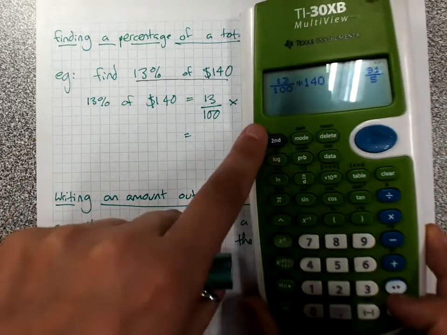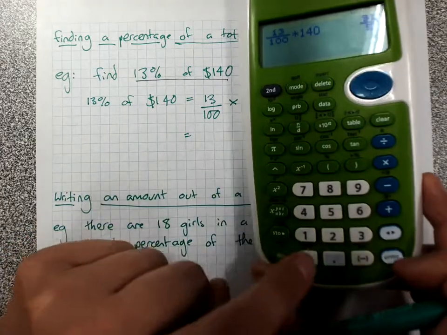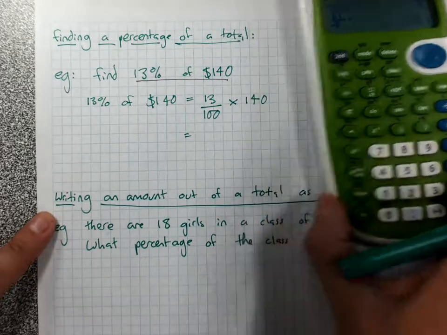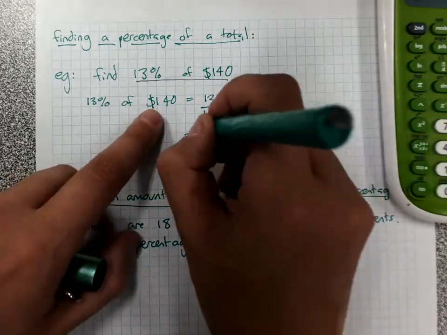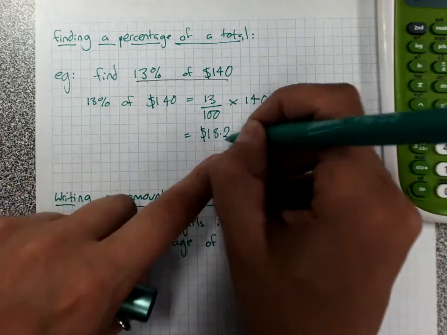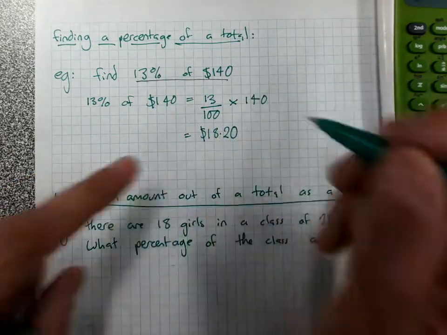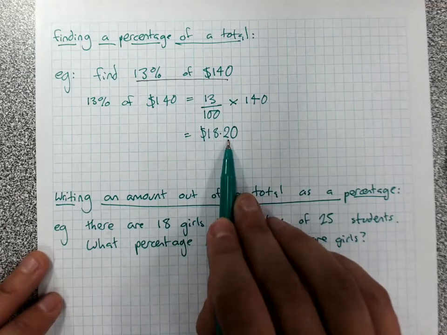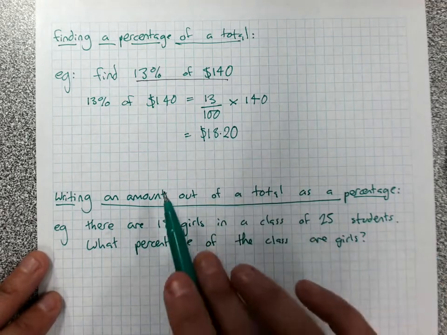Now, if you're using a scientific calculator and you get a funny sort of answer, and we want a money answer, arrow key, 18.2. Now remember, this is money. So 18.2, you need 2 decimal places or whole numbers for money. If it's given you a single decimal place, remember we've got a 0 on the end. It's $18.20.